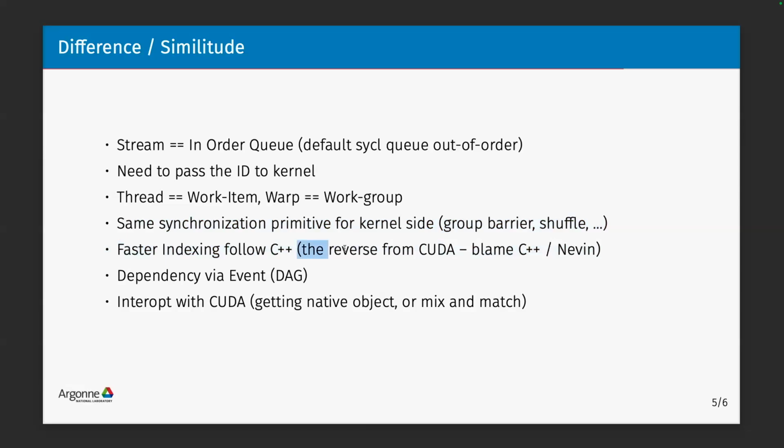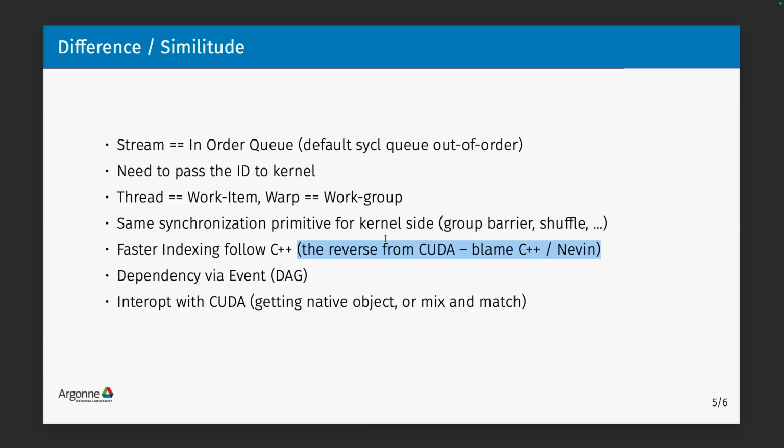One thing that may bite you is if you do more than 1D, for example 3D, like you can do in CUDA and in SYCL, the order of the fastest index is different. We follow, for better or worse, C++.